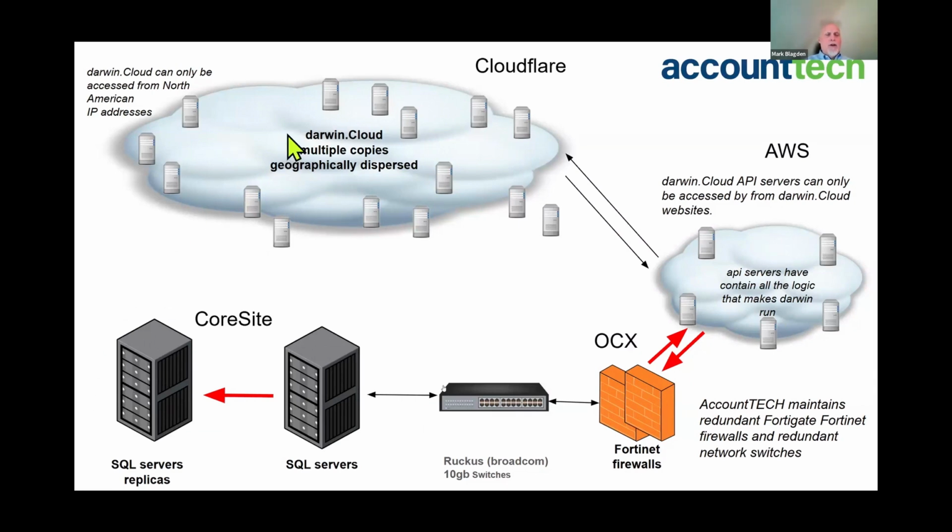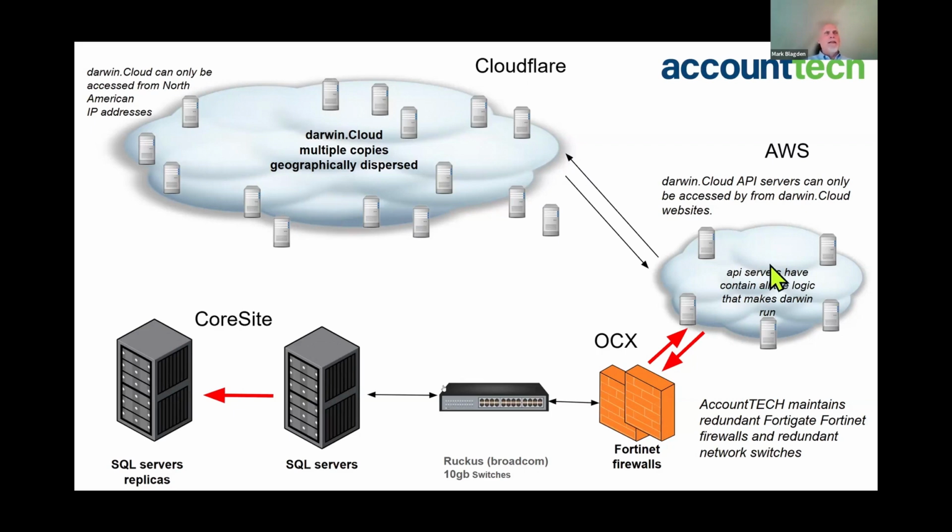Because we are using a company called Cloudflare that's actually taking copies of the Darwin website and locating it on web servers all around the country. So when you use Darwin now, you're never more than 200 miles away from a physical server that has Darwin Cloud on it.